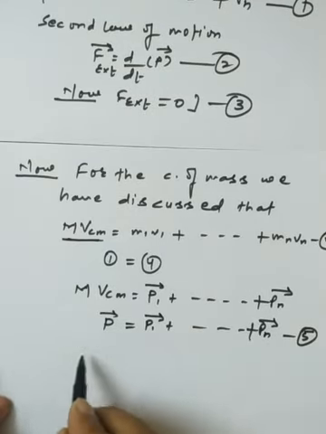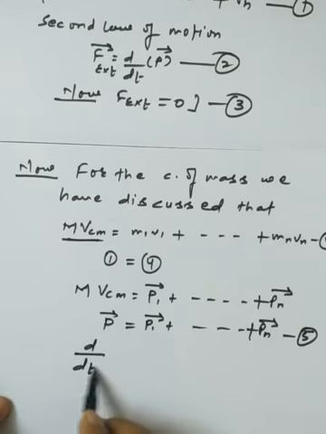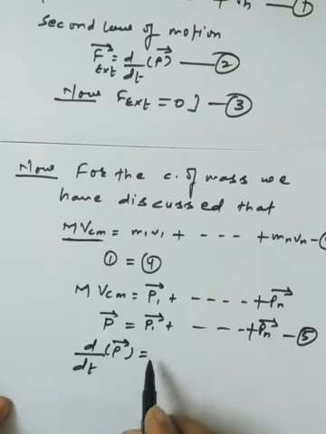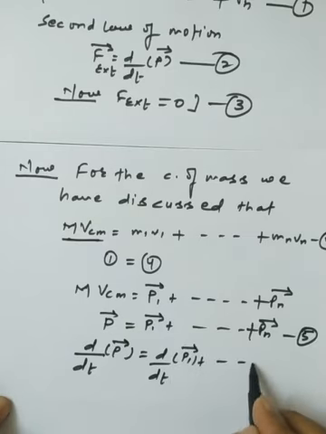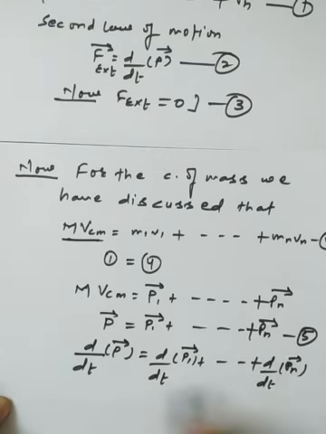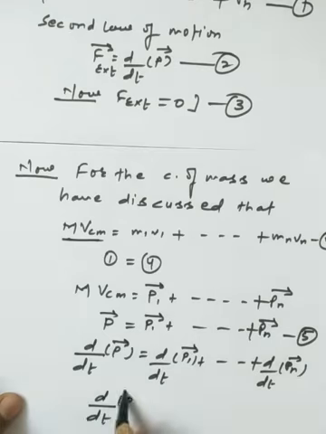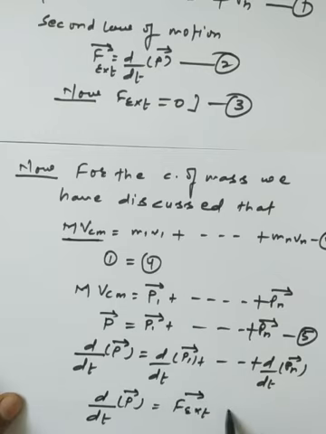Now we apply dP by dt on both sides, where dP by dt of P is the combination of dp1 by dt plus and so on plus dpn by dt. Okay, so we can say that in the absence of external force, F external for the system, this is equation number 6.